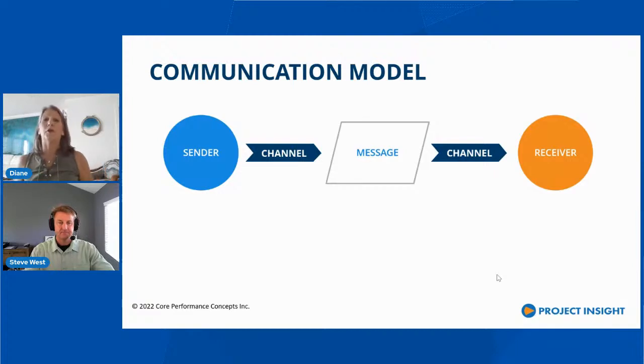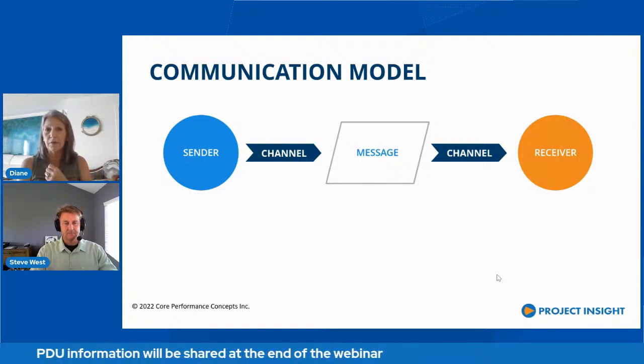One more little theory thing. If anybody in this room has gone through any project management training, you absolutely learned about the communication model. And as you all know, or you should know, it is not a one-way channel. You have the sender of the communication, the message they're trying to communicate, and then the receiver receiving that communication.